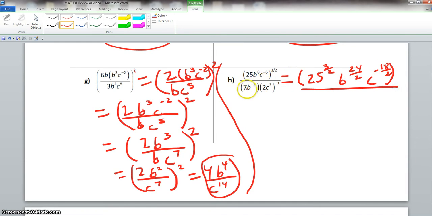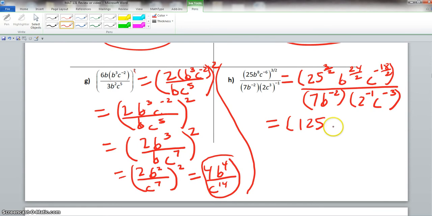Now that's all divided by 7b to the negative 2, and then here in this parenthesis, we could take both of these terms to the negative 1 power. So this would be 2 to the negative 1, c to the negative 3. Now 25 to the 3/2 power, if you put that in your calculator, that will give you 125. 24 over 2 is 12, so that would be b to the 12th.